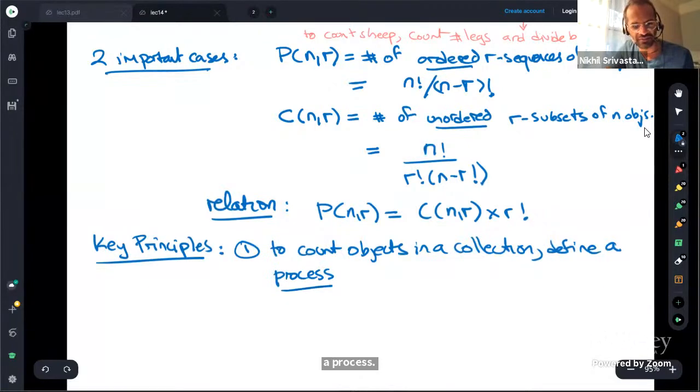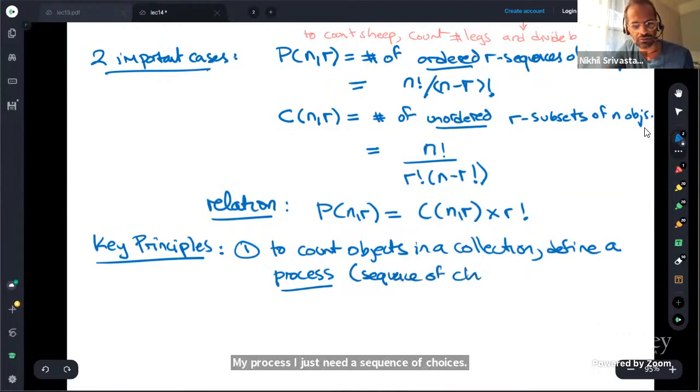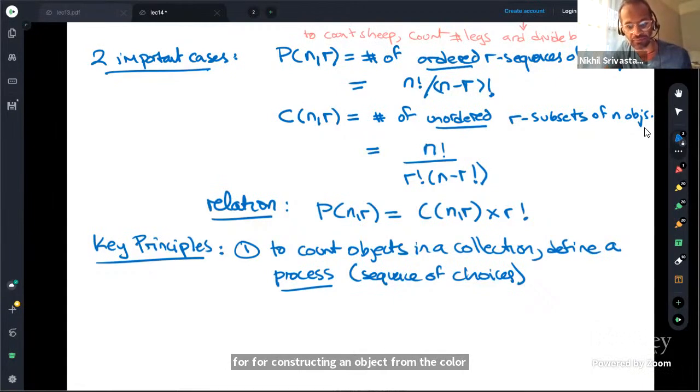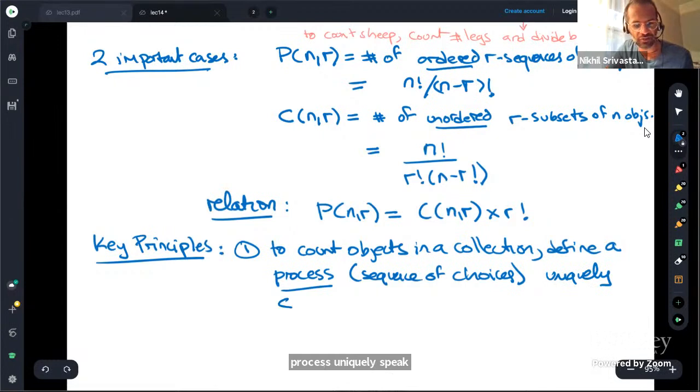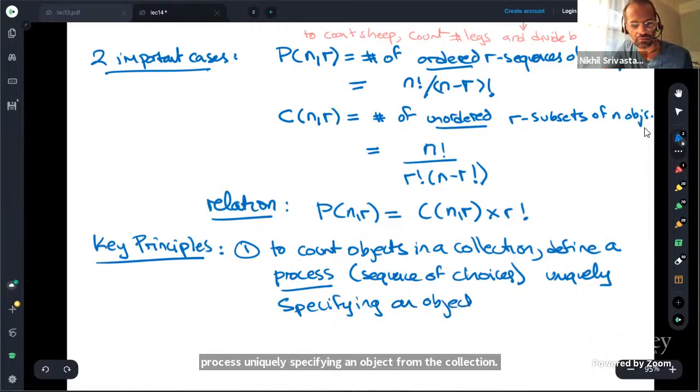And by process, I just mean a sequence of choices for constructing an object from the collection. So we saw this over and over again.